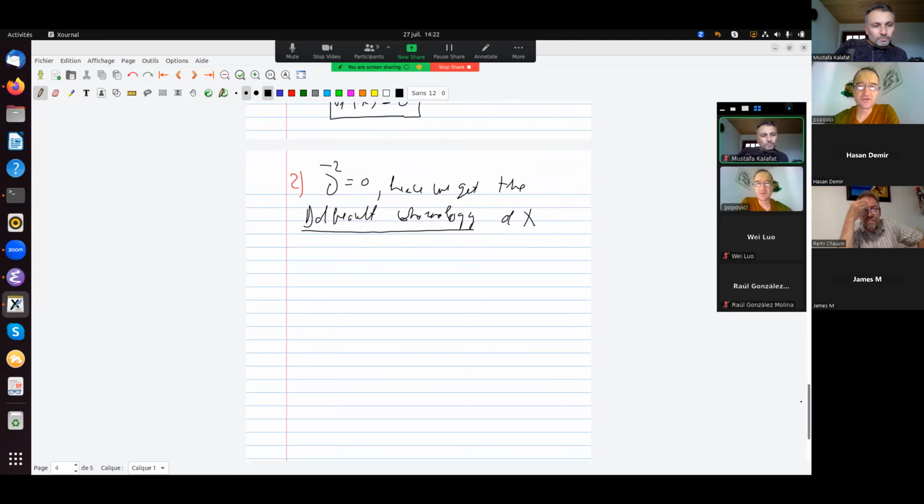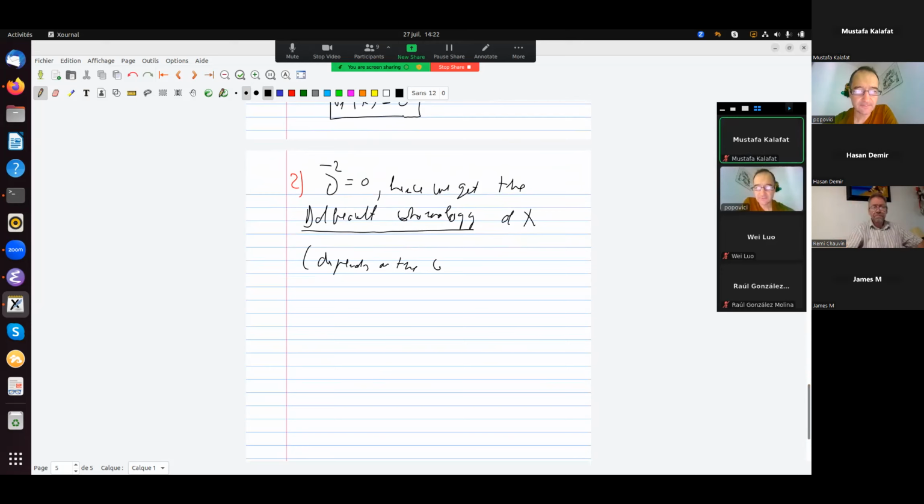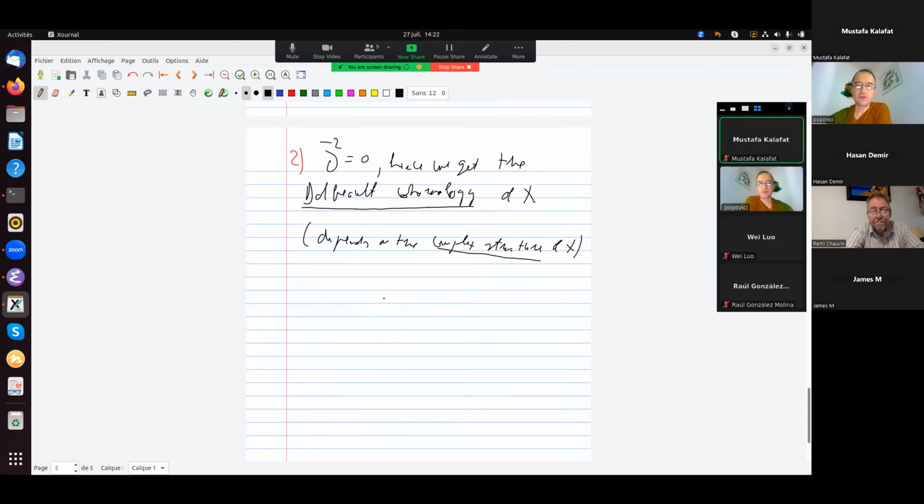Now the Dolbeault cohomology of X, this one depends on the complex structure, unlike the de Rham cohomology, which doesn't. So we start off with a complex. It's defined in a way analogous to the de Rham cohomology. Right? So we have the Dolbeault complex.